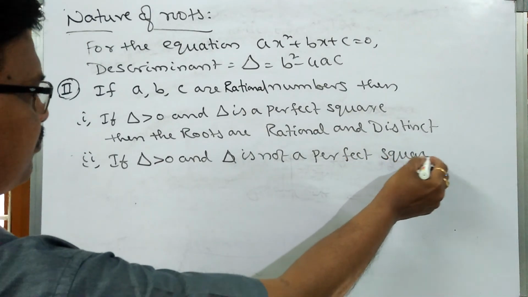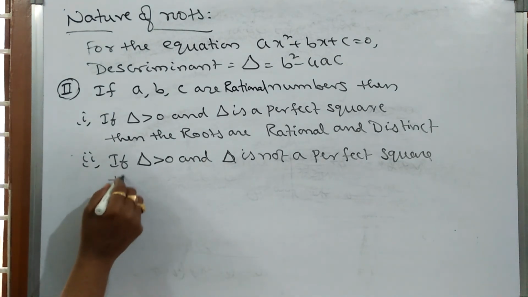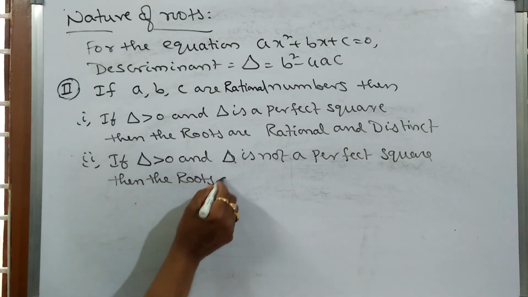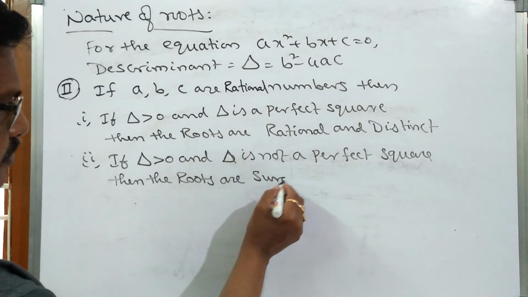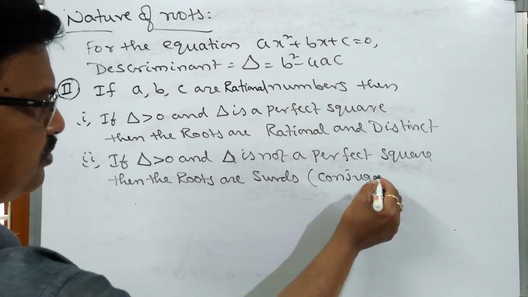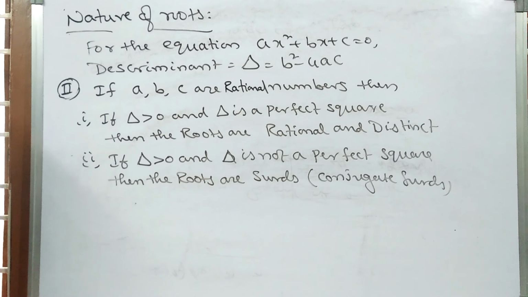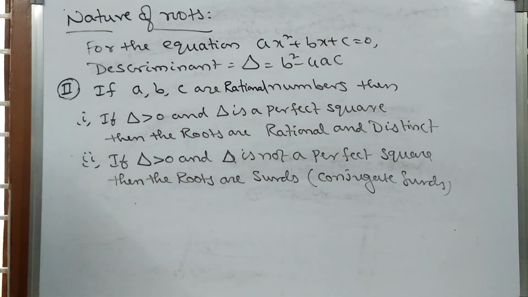Second case: if delta is greater than 0 and delta is not a perfect square, then the roots are surds, conjugate surds, or you can say that the roots are irrational numbers.